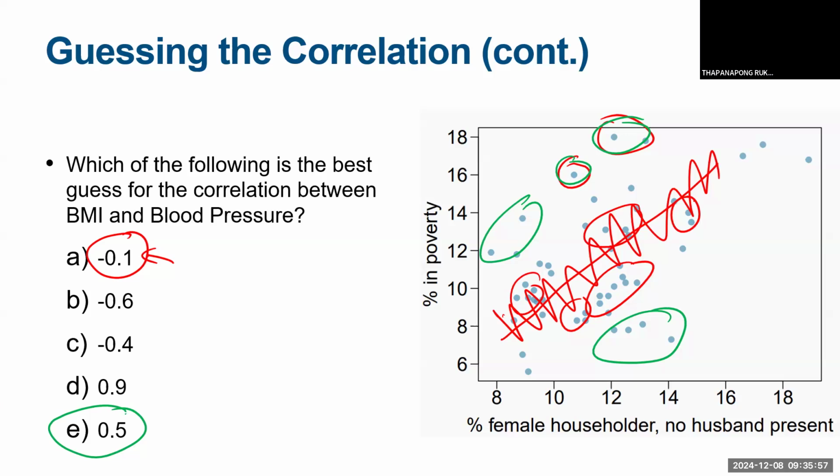So you can see the positive, but it's not really strong because there are some points that are far apart from the line, but there are also some points that are close. So that is what the intuition should be. It's not negative because most of the points lie on a positive relation. If you want to draw a line for the negative relation, it doesn't make sense.